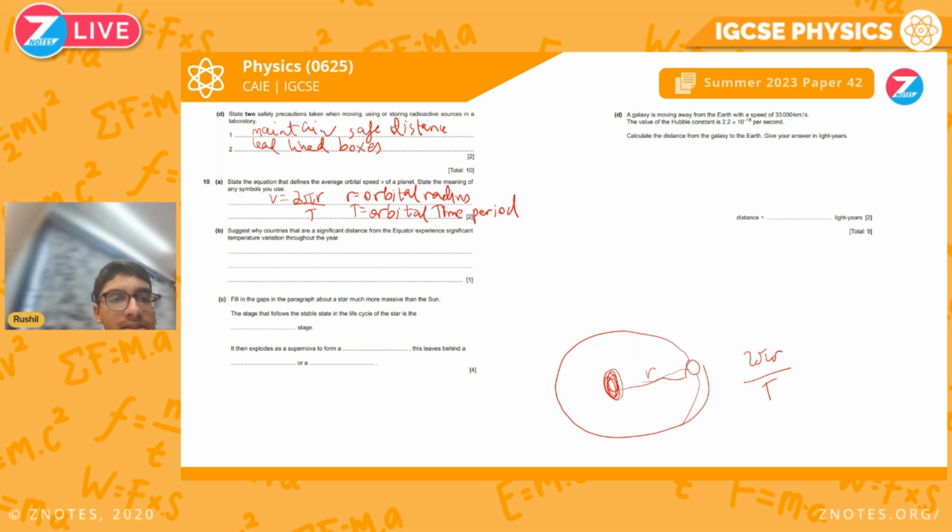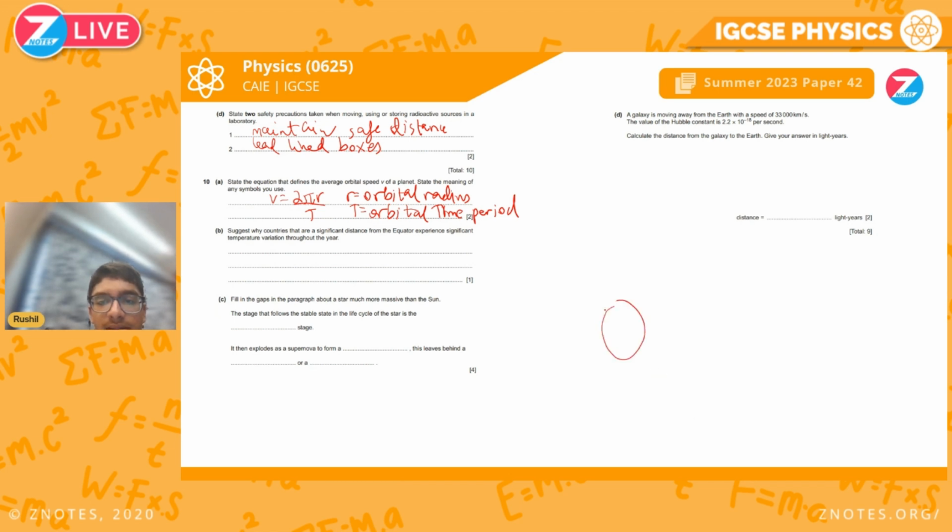Suggest why countries that are a significant distance from the equator experience significant temperature variation throughout the year. So, as the Earth keeps moving, we know that its orbit is elliptical.